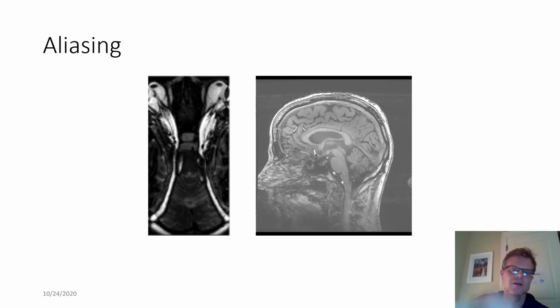And we see that this region here should in fact be sitting out here, and this part of the skull should actually be sitting out here. In the other example, this one's a little bit more subtle. If you look carefully at the corner here, we see that part of the nose, which was sticking out of the edge of the field of view on one side, aliased or folded around to the other side.